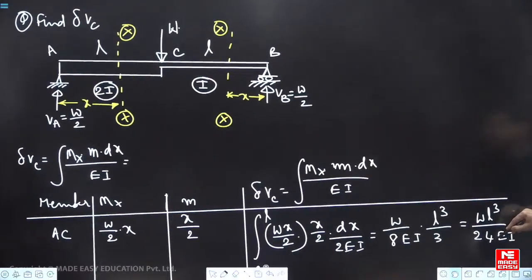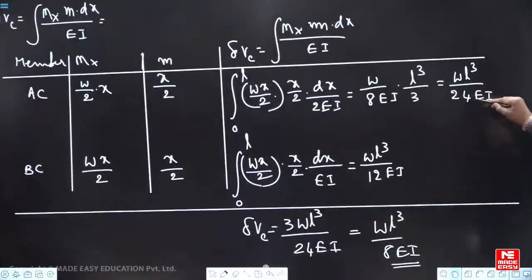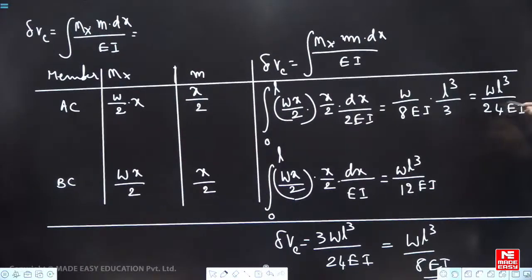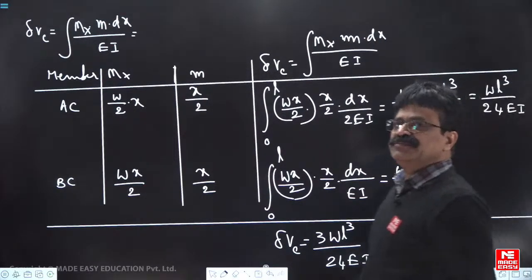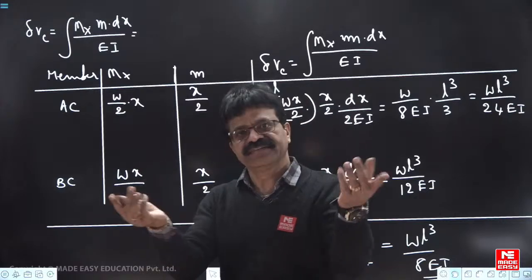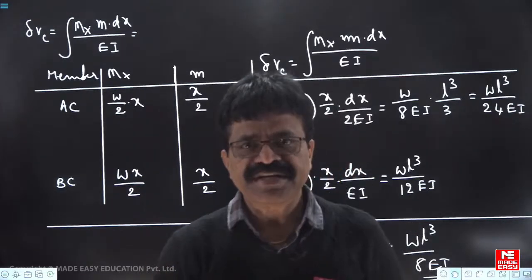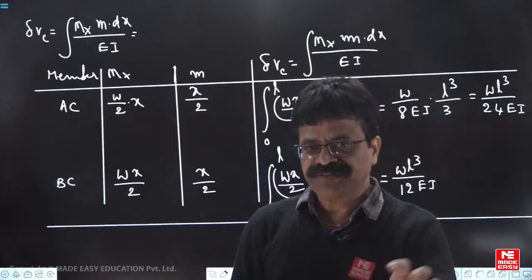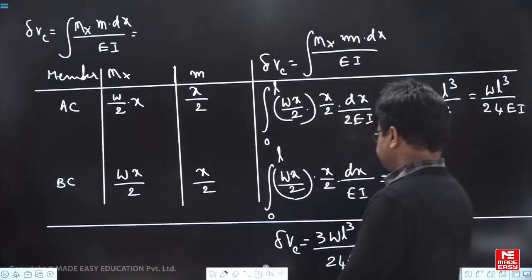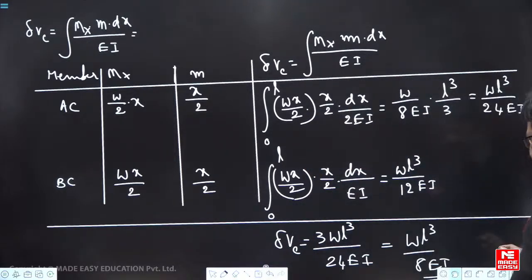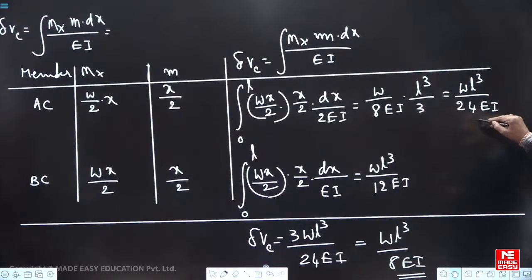This is the beam, 2 marks, this is the solution. So in the exam you must try: if 2 segments are there, check if you can manage by the strain energy method when you are to find displacements. Next. I think this is done with.